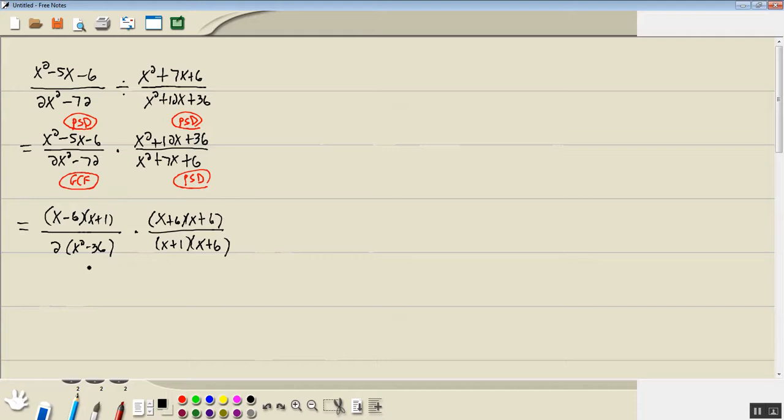Now it's not completely factored yet. x squared minus 36 is the difference of two squares. So this becomes x minus 6 times x plus 1 over 2 times x plus 6, x minus 6, and everything else carries down.